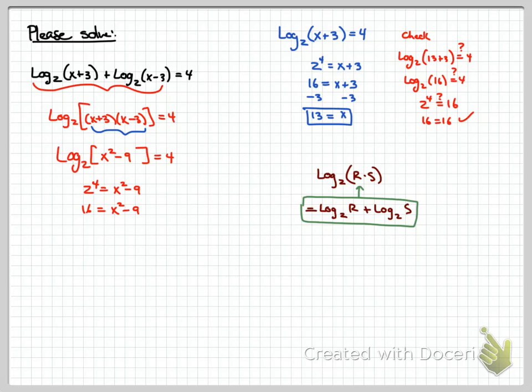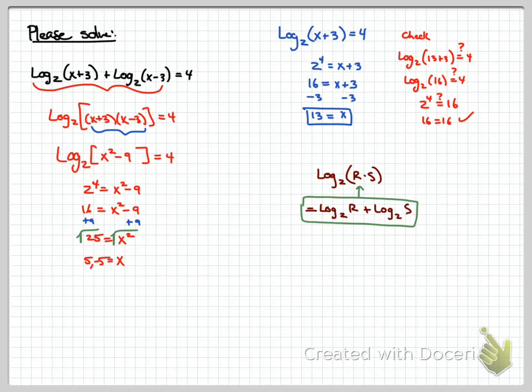And we've got a couple of options for how we want to solve this. I might add 9 to both sides, and we've got 25 equals x squared. I'm going to take the square root of both sides. Now we've got to be careful. Remember, this means that we're going to have x equaling positive 5 or negative 5.